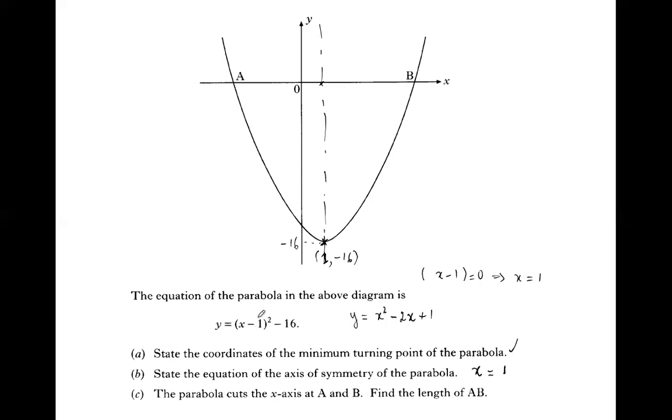So it's x minus 1 times x minus 1. Remember, you do x times x, that's x squared, minus x minus x, that's minus 2x, negative 1 times negative 1, which is plus 1, minus 16. And that is just x squared minus 2x minus 15. Yeah?